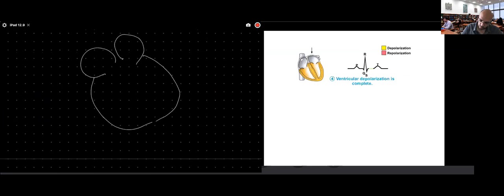We also did discuss this 1% of the cardiac muscle cells that have automaticity. And if you remember, those were a node located in the right atrium called the sinoatrial node or SA node.